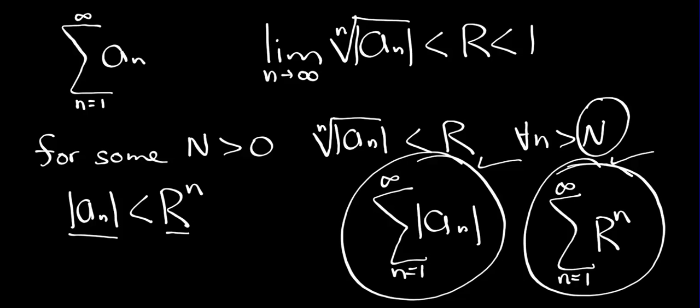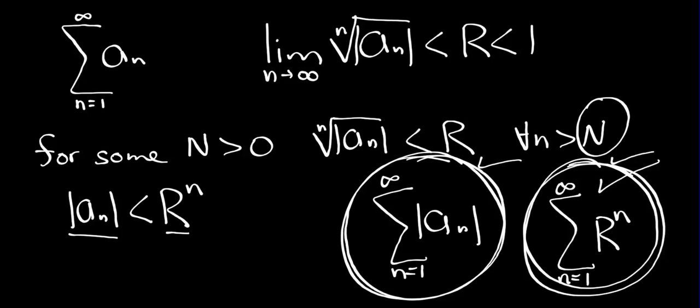Now, if this one here converges, then this one here converges. And this one here converges because remember, it's a convergent geometric series where r, the common ratio here, is less than 1. So it converges. So this is the root test. We use the same argument to show this root test that we use with the ratio test.